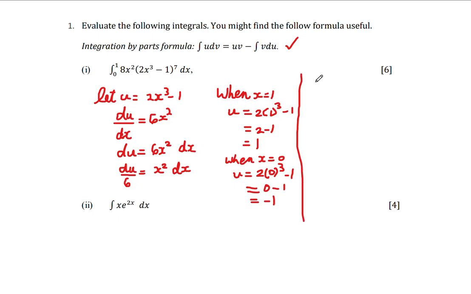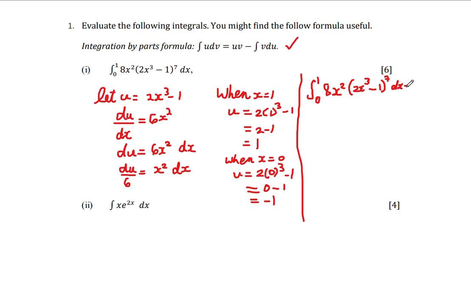So I'm going to restate this. The integral between 1 and 0 of 8x squared times 2x cubed minus 1, all raised to the power of 7, with respect to x, which is the original problem as stated here.